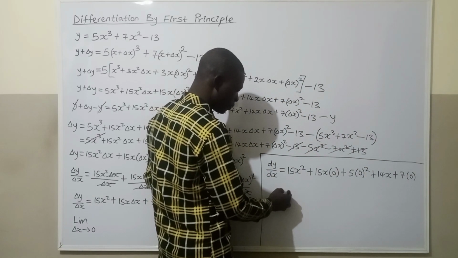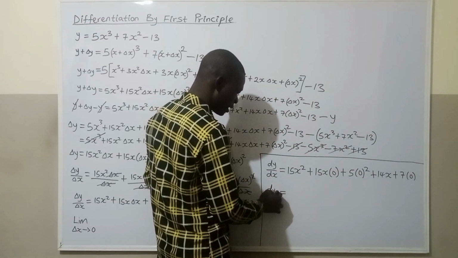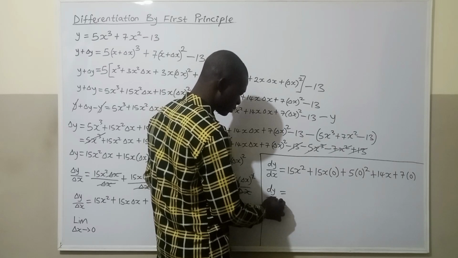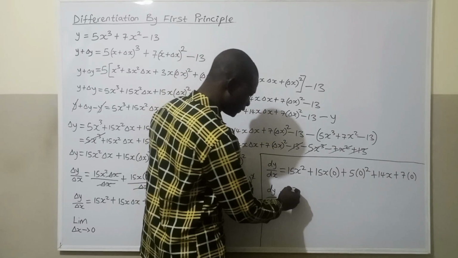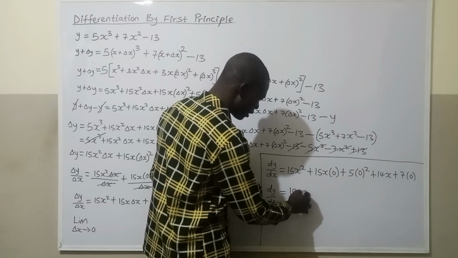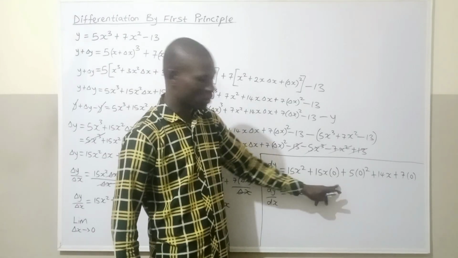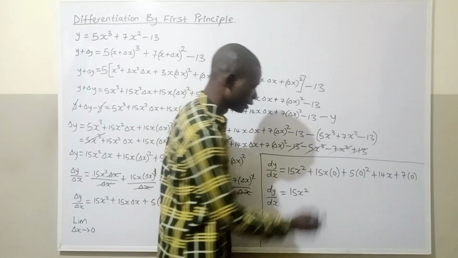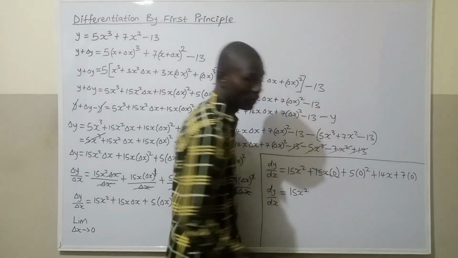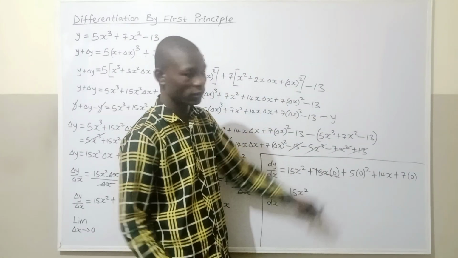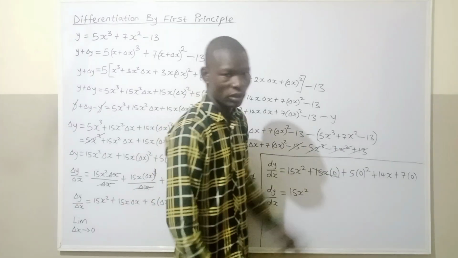So eventually, what happens? Our dy by dx will now be equal to 15x squared. This, when we multiply it by 0, any number multiplied by 0 becomes what? 0. So it will cancel out automatically because of that element of 0. 5 multiplied by 0 squared, 0 squared is still 0.